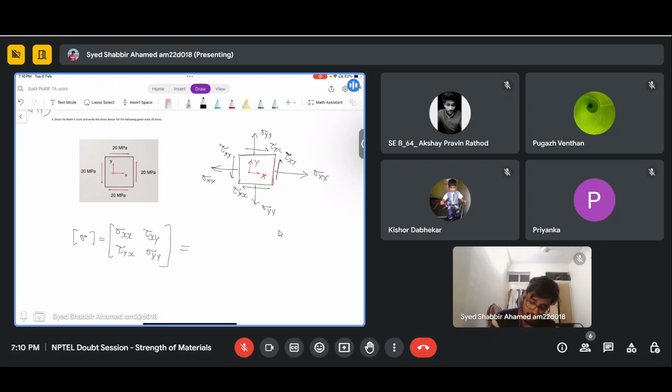Here we don't have any normal stress on the x plane, that's why sigma xx is 0. And we don't have any normal stress on the y plane either, that's why sigma yy is also 0. And tau xy is given as 20 megapascal, and tau yx is also 20 megapascal. So this is our stress tensor.